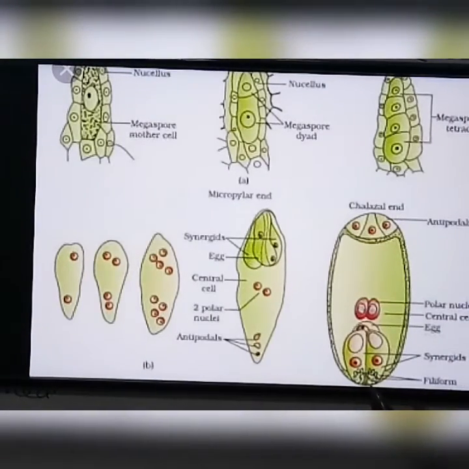Synergids have the filiform apparatus. The egg cell acts as the female gamete, whereas synergids provide guidance to the male gamete for fusion, for the fertilization process with the egg cell.